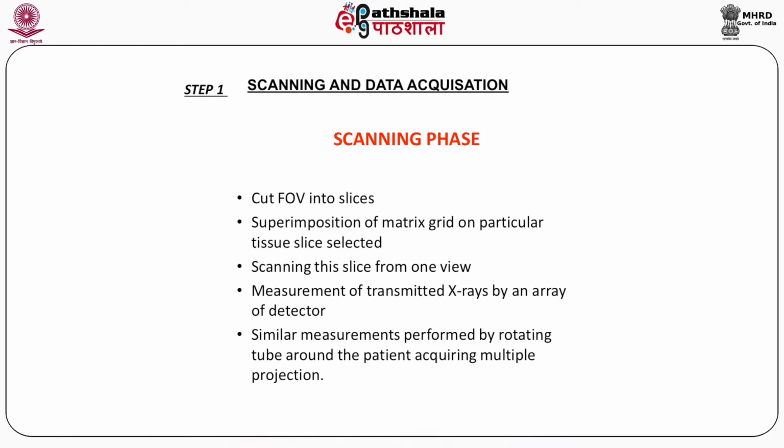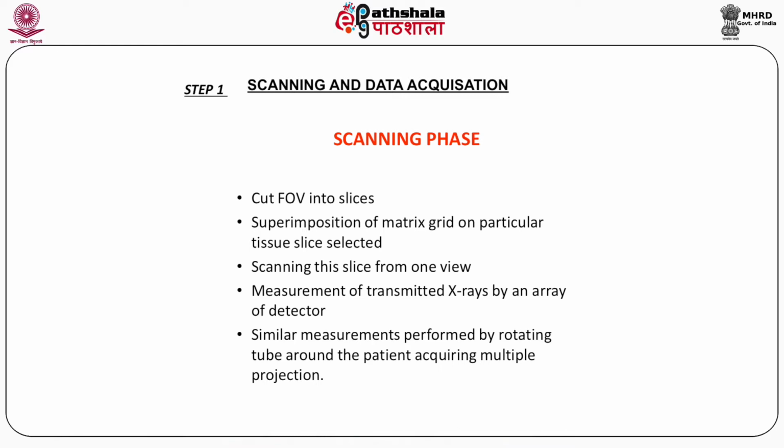Now let's see how the scanning and data acquisition phase takes place. The scanning phase involves data taking by rotating the X-ray tube, and the X-ray is transmitted through the patient.